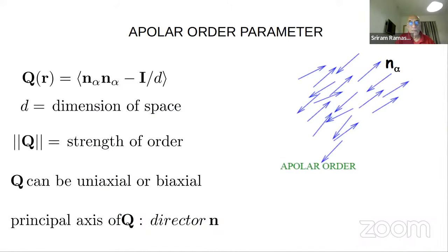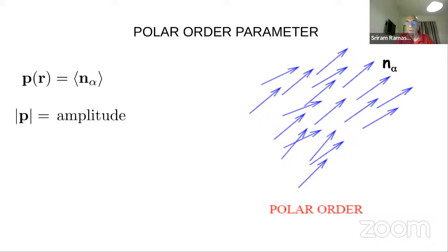You can think of two ways of describing order. If you've got a bunch of arrows like this, and let's say each individual object has a unit vector n alpha, if you take some little coarse-graining region here and average all the n alphas in there, that will be some vector, right? Because you're adding a bunch of unit vectors that are not pointing parallel to each other and then dividing by their number. That object is no longer a unit vector.